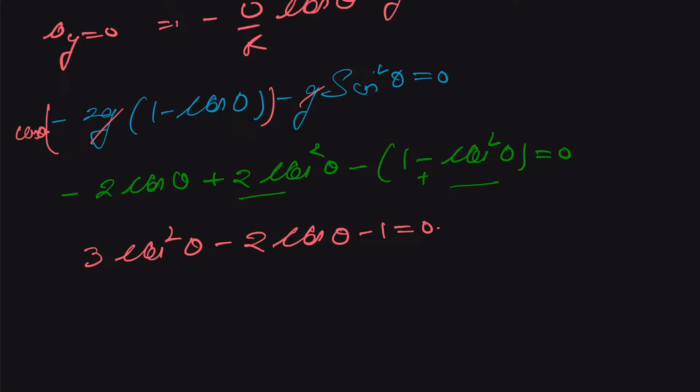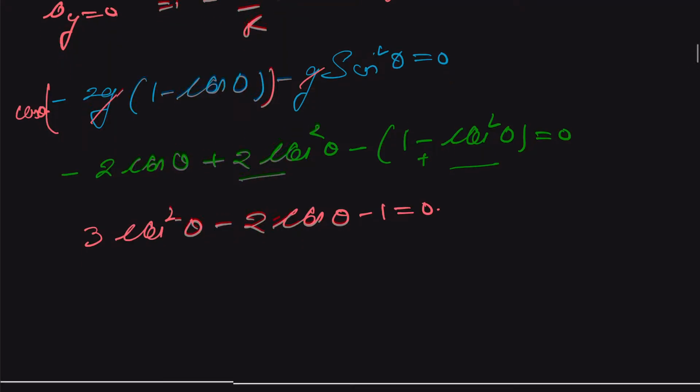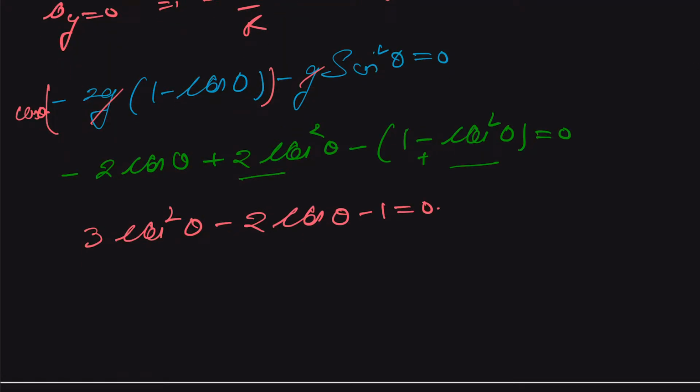So we need to solve the quadratic equation. Let me provide the solution directly; it's quite simple to solve the quadratic. We are going to get either cos of theta is equal to 1 or cos of theta is equal to minus 1 by 3.